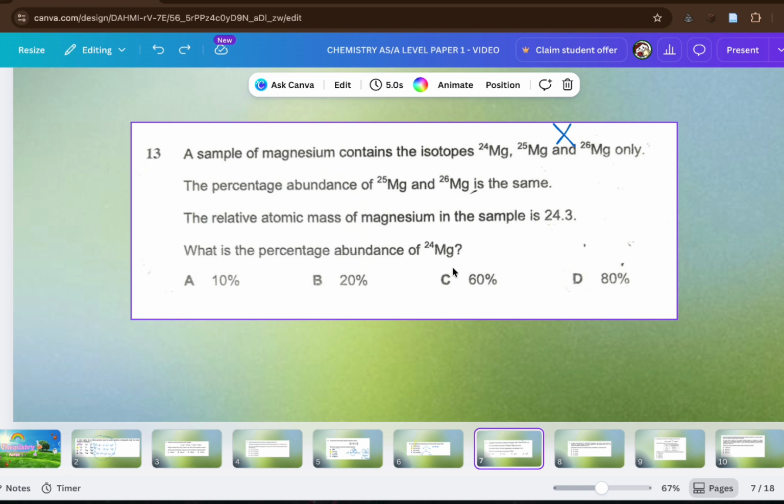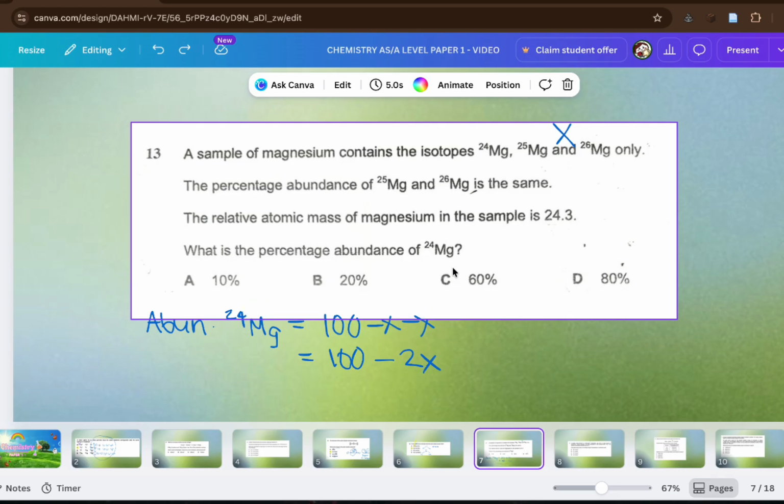So the total abundance is 100. So abundance of magnesium 24 is 100 minus 2x. Alright, there it is. So we found that.